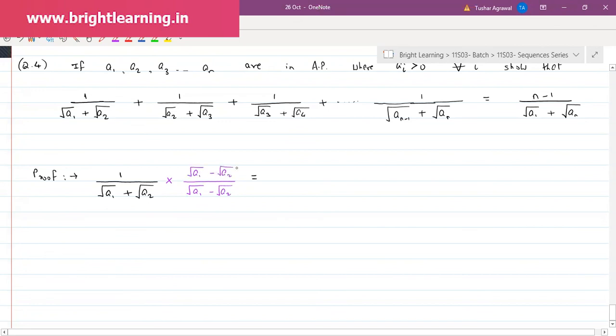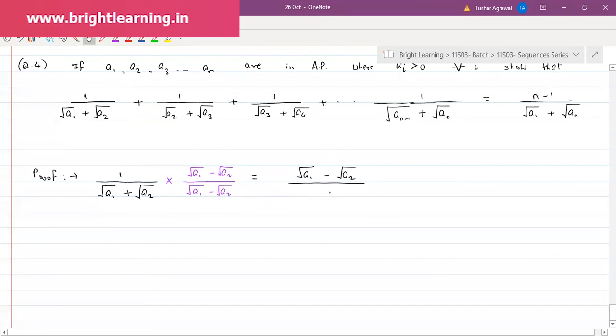So it becomes under root a1 minus under root a2 upon, what will be the denominator? The denominator is of the format p plus q into p minus q, so that is p square minus q square. So the denominator will be a1 minus a2, yes or no?